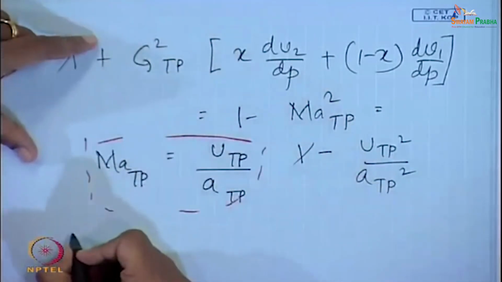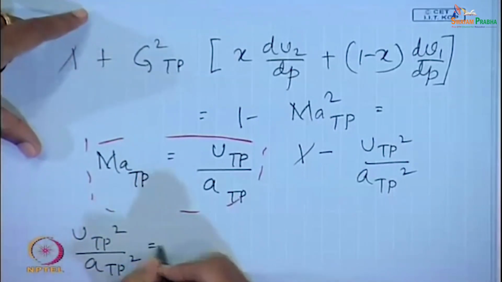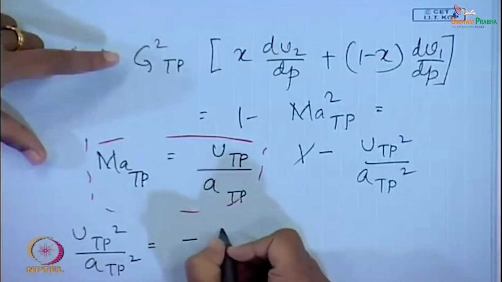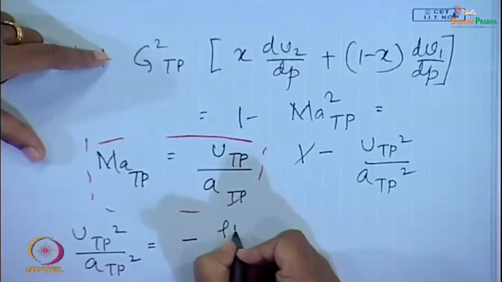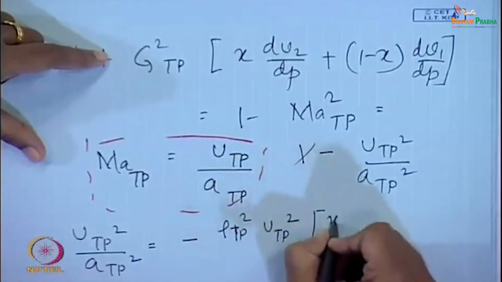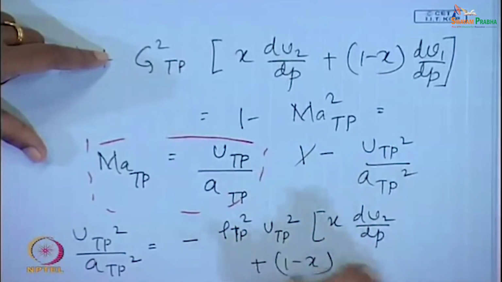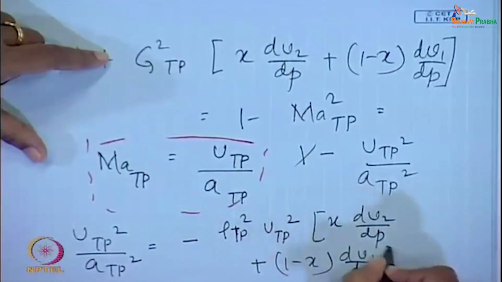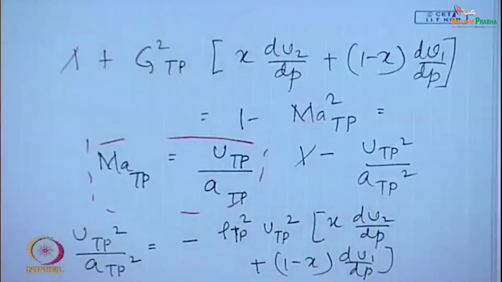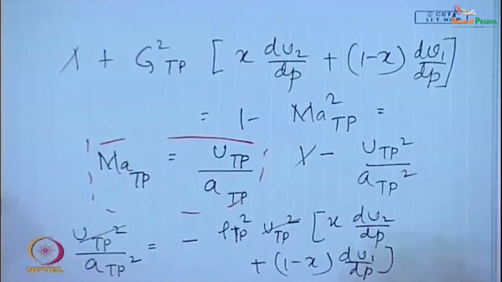Okay. Or in other words, we find UTP square by ATP square should be equal to minus G square TP, which is again rho TP square UTP square into x dV2/dP plus 1 minus x dV1/dP. This is acceptable. Again we can cancel the UTP square, so that we can get ATP in terms of certain measurable things. Okay. So, what do we get?